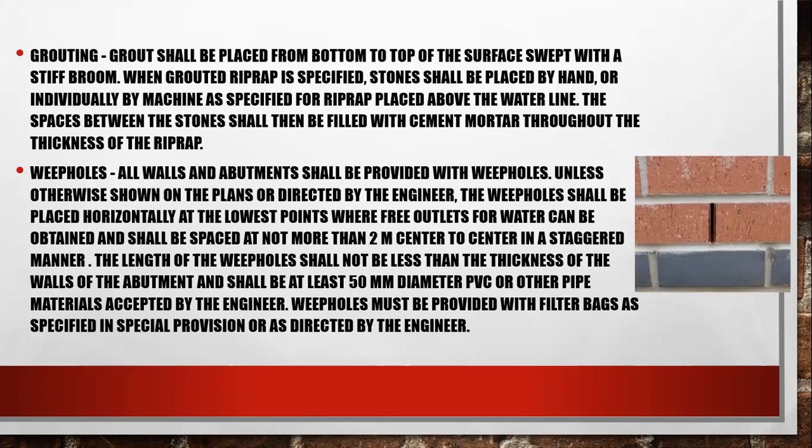The weep holes shall be placed horizontally at the lowest point where free outlets for water can be obtained, and shall be placed at not more than 2 meters center to center. Weep holes are provided with filter bags.